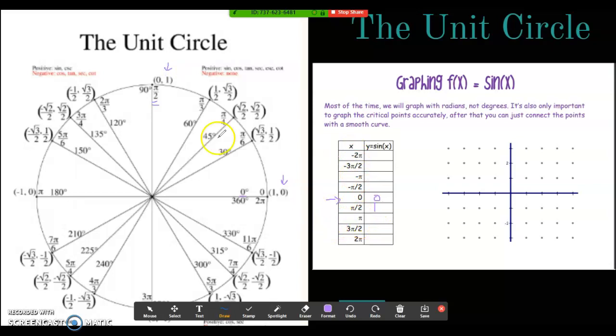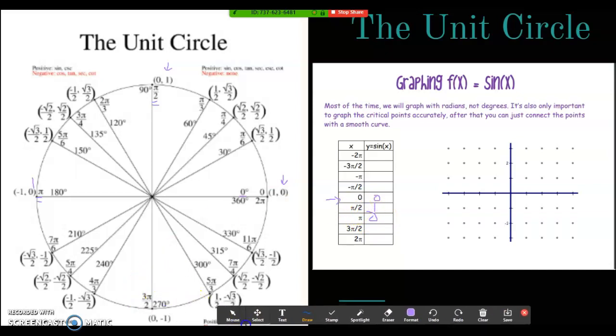If I go to pi over here, the sine value is the y value, it's 0. If I go to 3 pi over 2, the sine value is the y value, it's negative 1. And if I go to 2 pi, this sine value, of course, is coterminal with 0, so it is also 0.